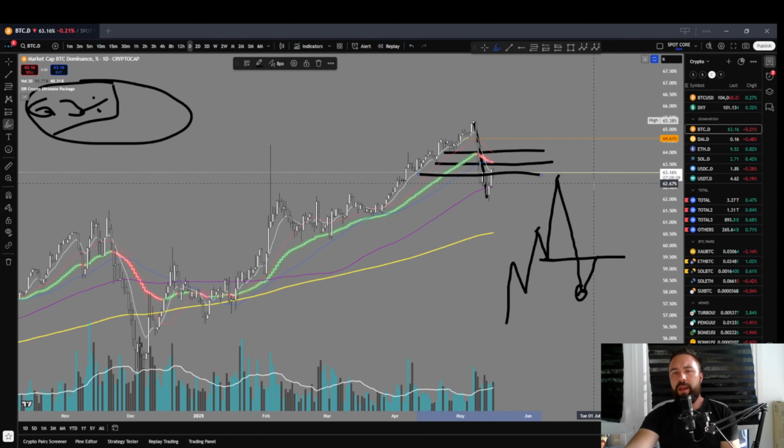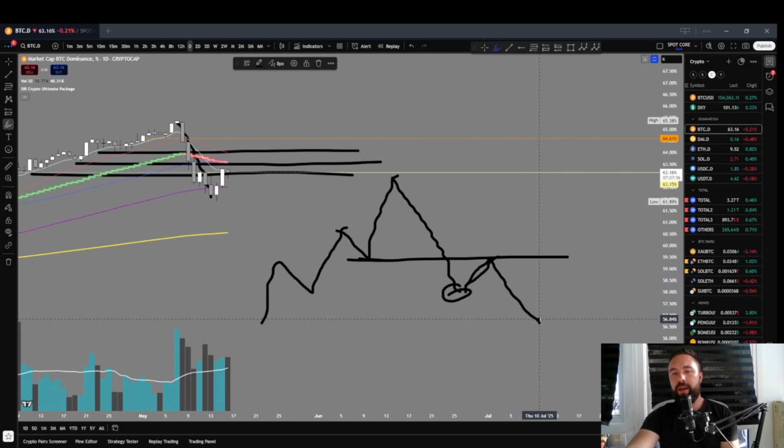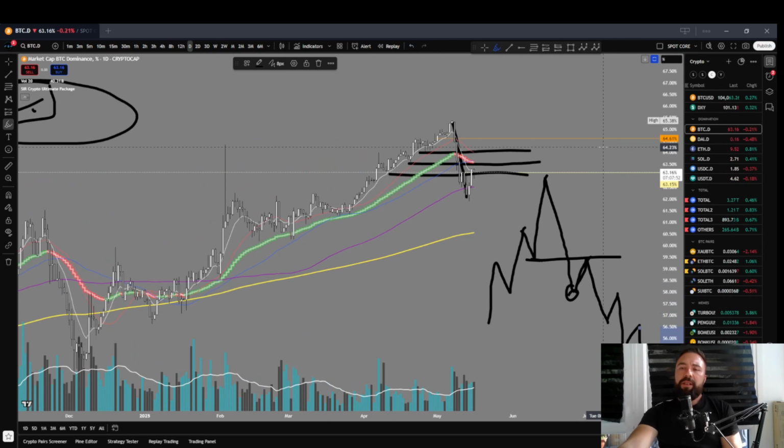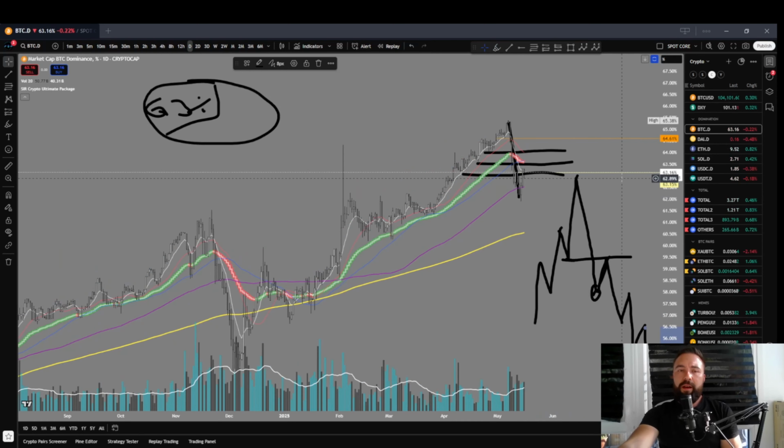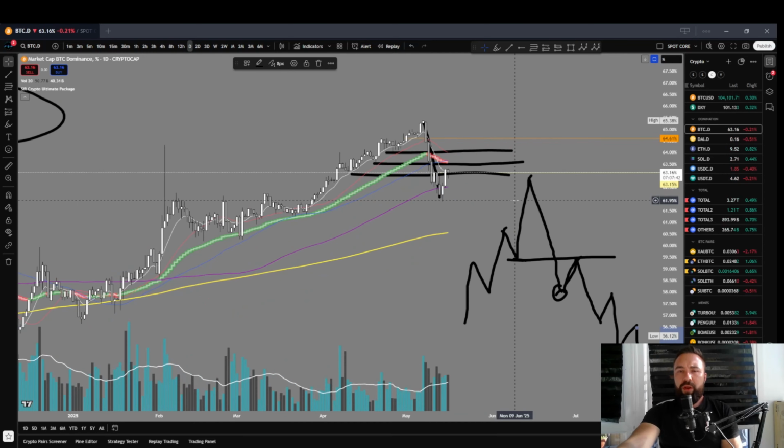We want to see a rejection from this support, which is a resistance now because we dropped below it, and we want to see the chart going lower, and then lower and lower. This is when all the assets are being very bullish, apart from Bitcoin. So Bitcoin dominance, very bullish for altcoins.